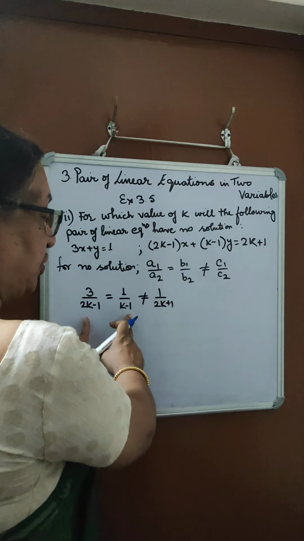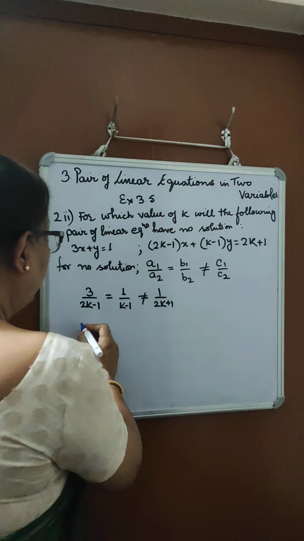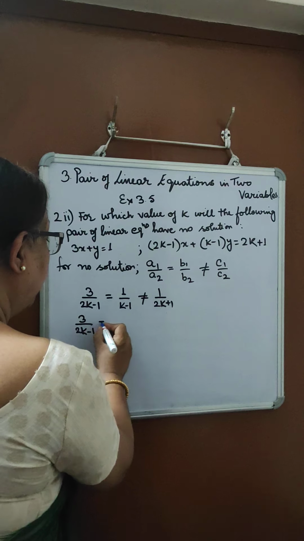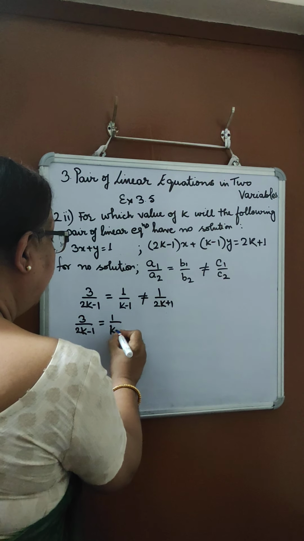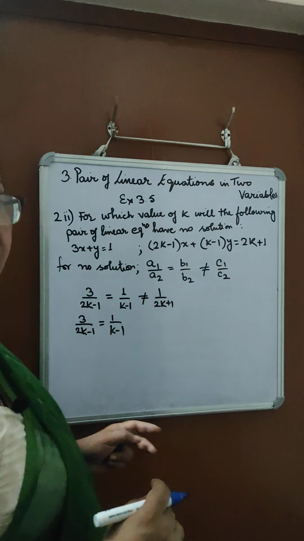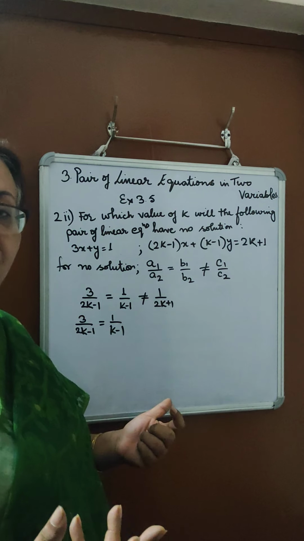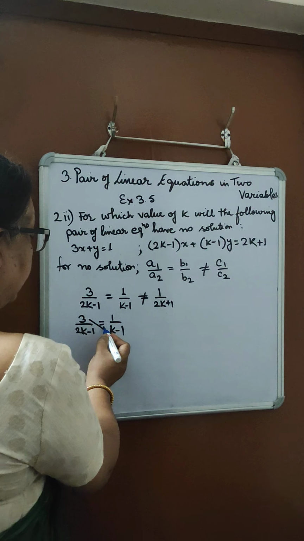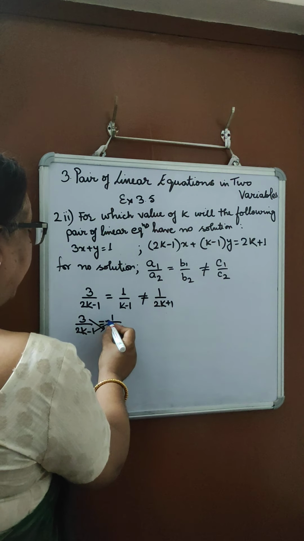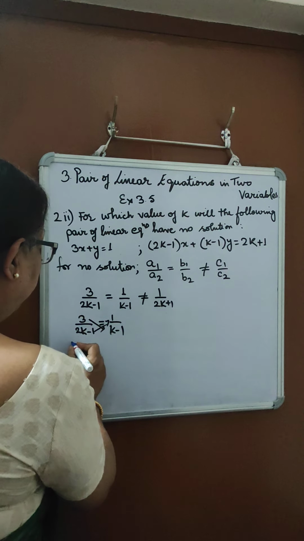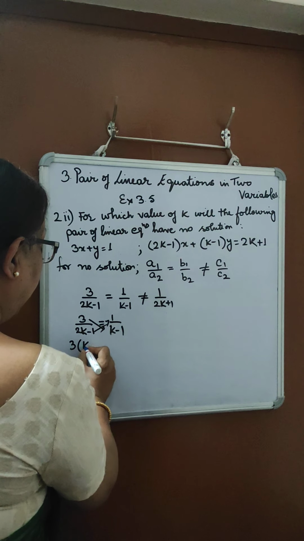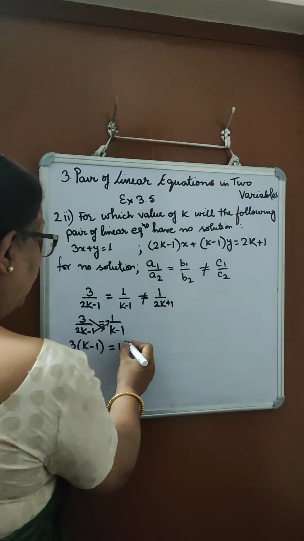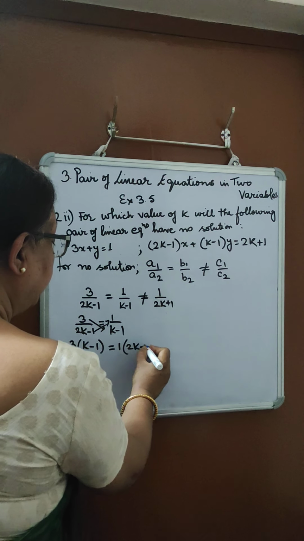We take the first two. So from these two, what do we have? 3 by 2k minus 1 equal to 1 by k minus 1. We need to simplify it. What do we do? We cross multiply. So 3 into k minus 1 will be equal to 1 into 2k minus 1.